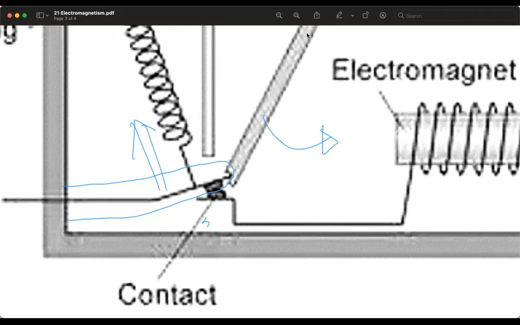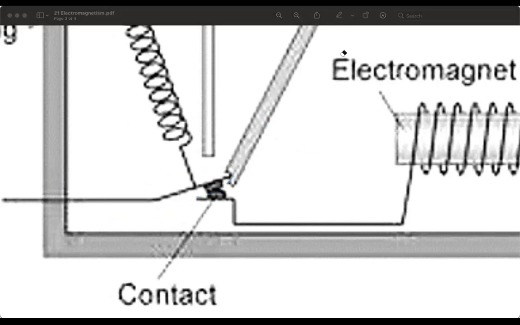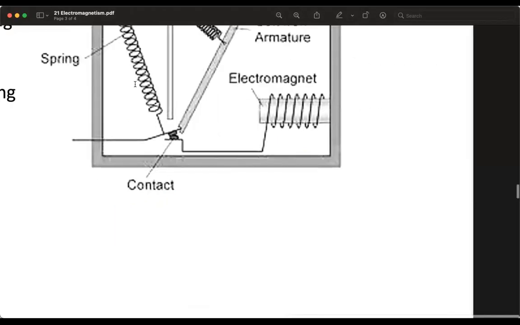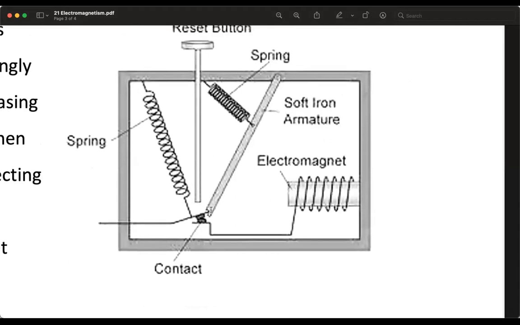Okay, so let me redo again. Hold on. Okay, so what happened here is this armature holds this top contact in place. When it is too much current, it actually moves forward, gets attracted by the electromagnet. Then this spring will pull the contact upwards.